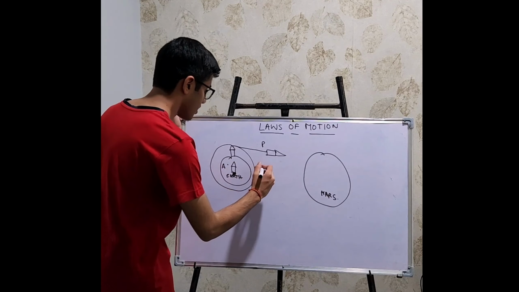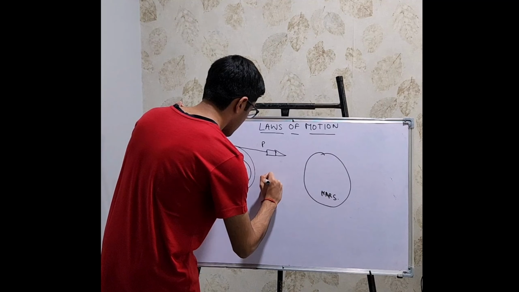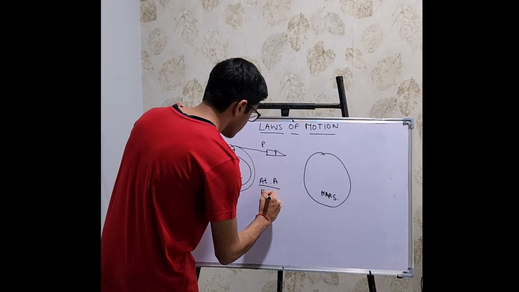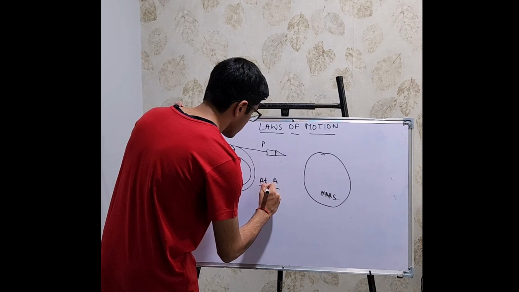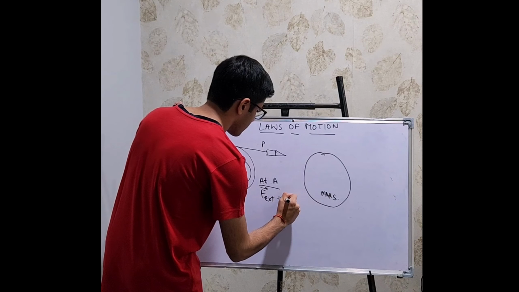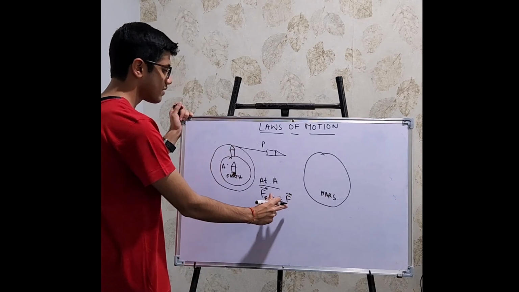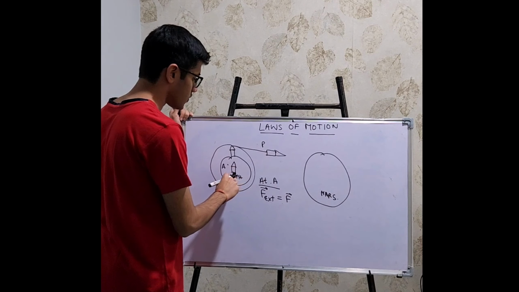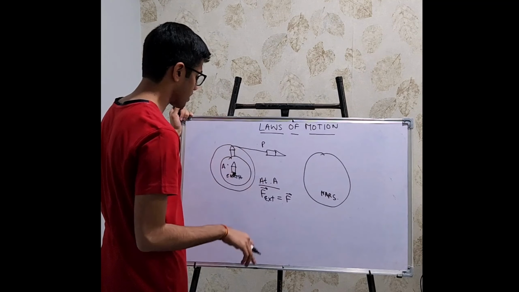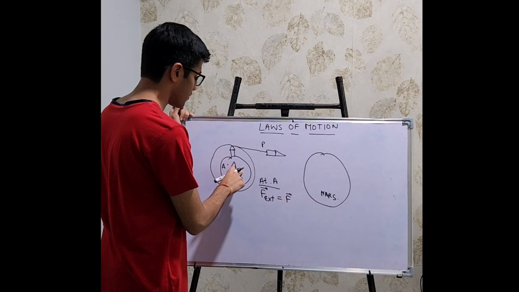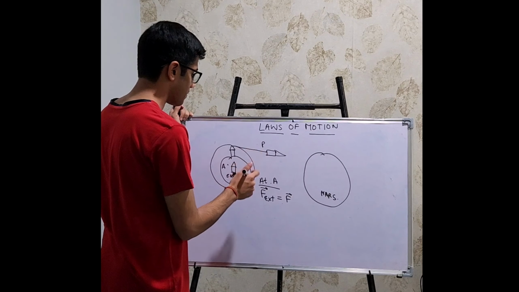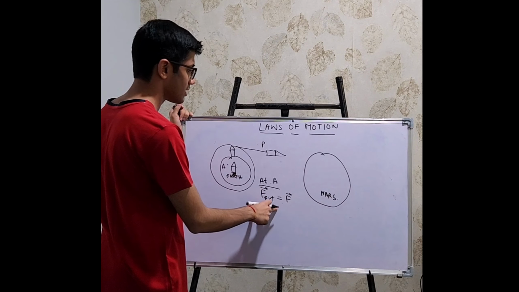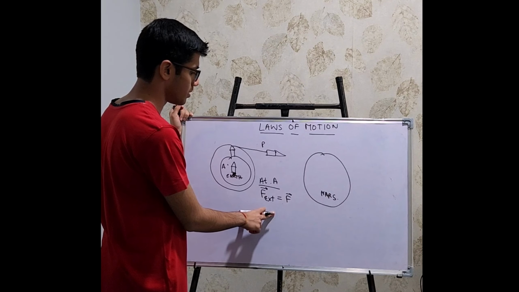Here at point A, there is some external force applied, let's say F. And because of this external force applied, if we stop the ignition of the rocket, that means the fire coming out of it, then the rocket will fall back down. That means it will not obey the first law of motion, obviously, because there is external force applied, and the law says that no external force should be applied.